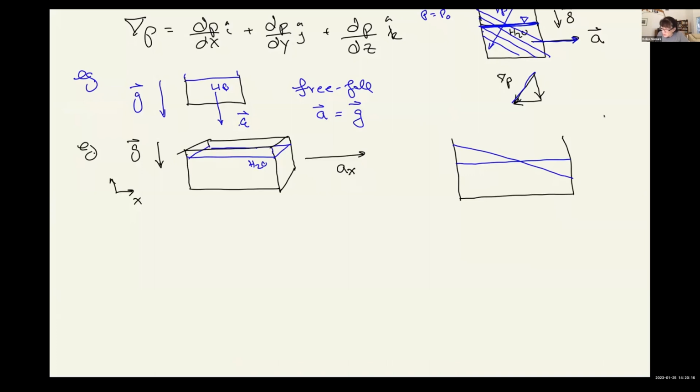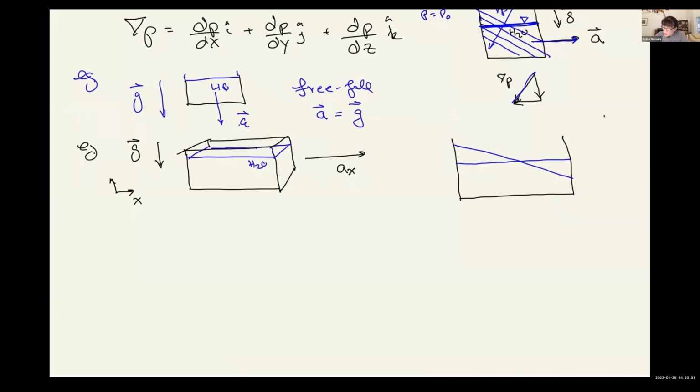And if the acceleration is sufficiently large, then we expect the liquid to spill out if this free surface exceeds the side of the tank.